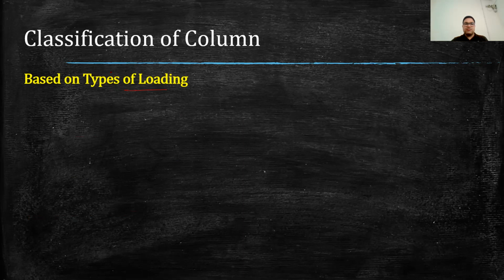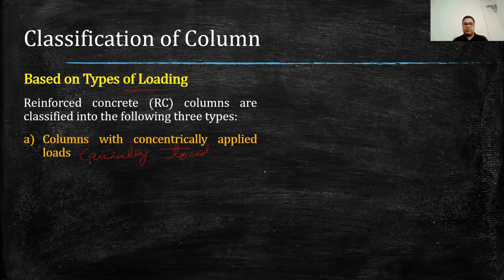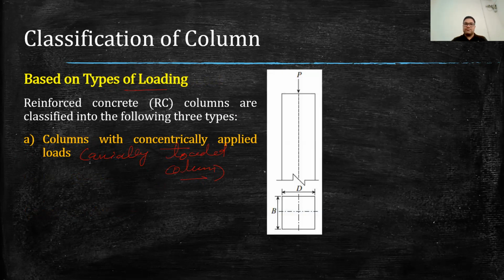Now, based on this category, we have another three types of column. One is called columns with concentrically applied loads, or axially loaded column. As the name suggests, in this kind of column, load is applied along the main axis of the column, like this.